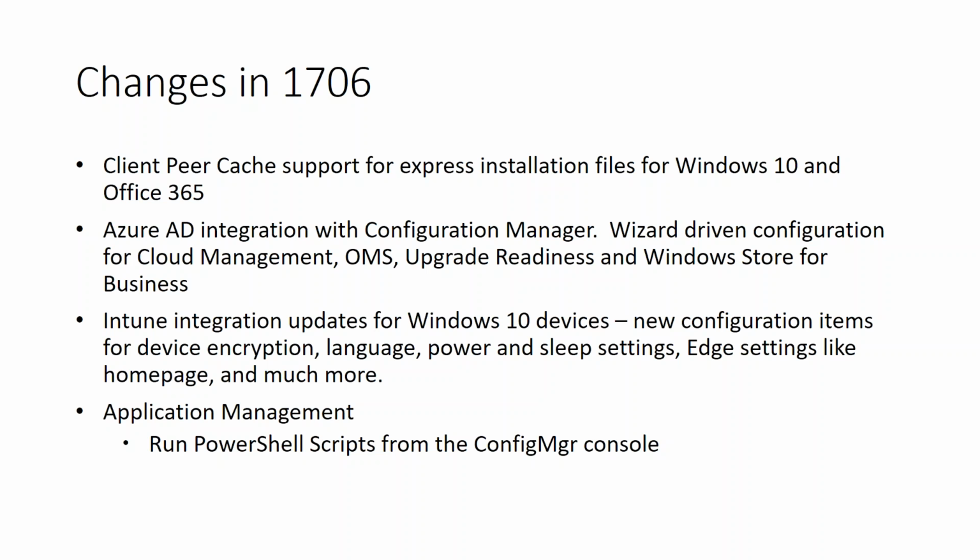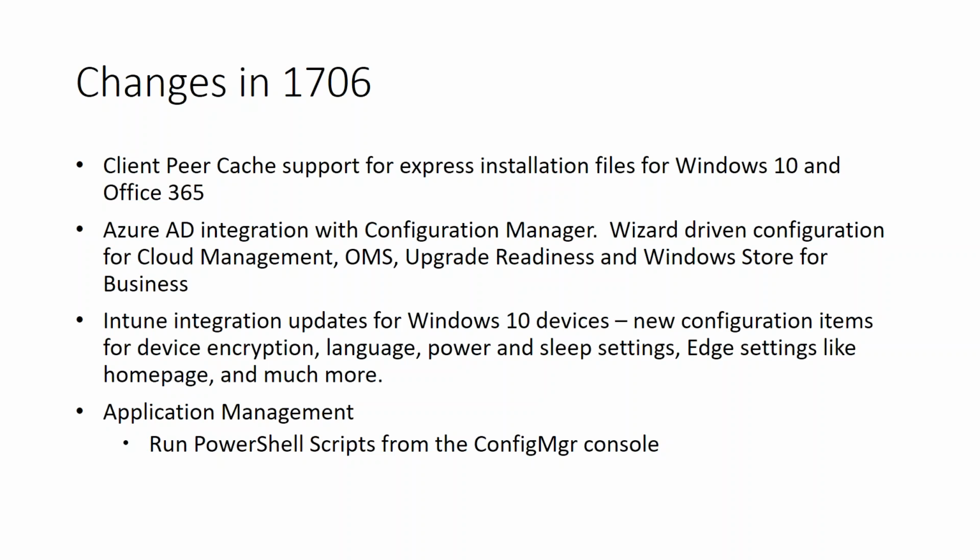Azure Active Directory integration with Configuration Manager. In past branches, OMS connectors and so forth have been available, but sometimes a little bit cumbersome to configure. What Microsoft introduced with 1706 is a wizard-driven configuration that allows you to configure OMS, Windows Store for Business, cloud management, so the cloud management gateways and so forth, as well as upgrade readiness.